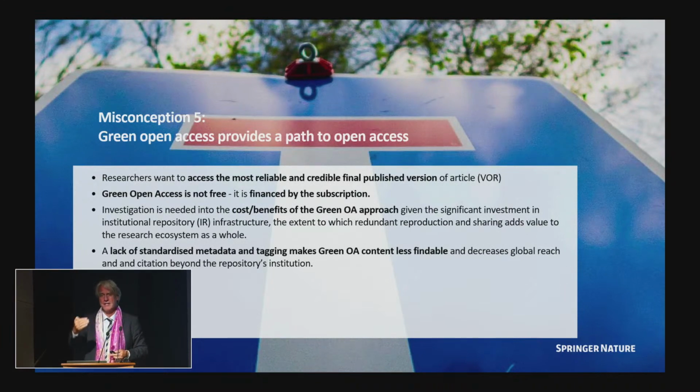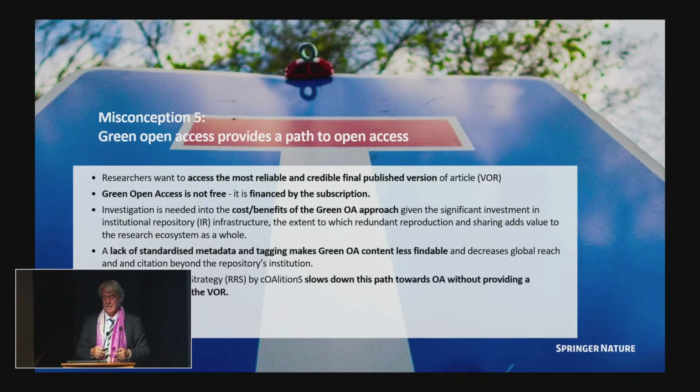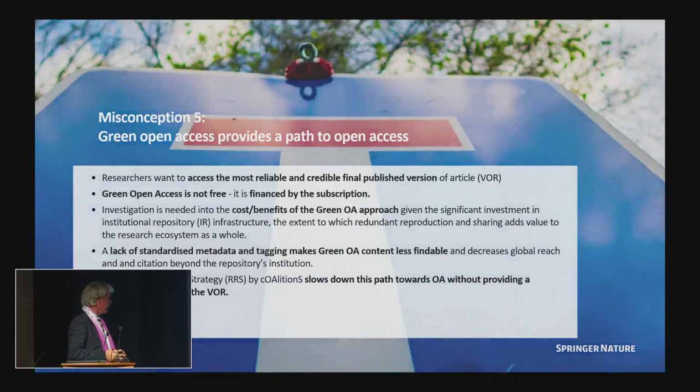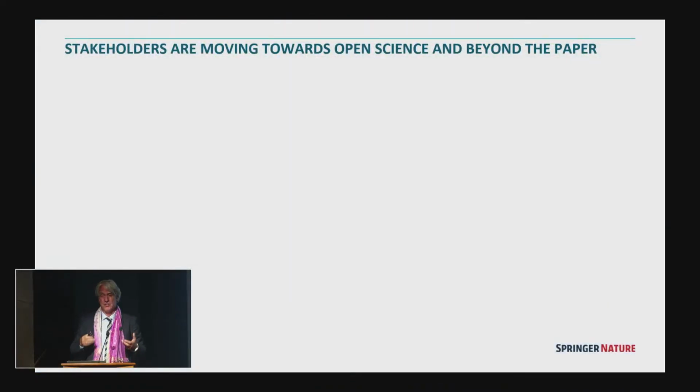So that is something which we have observed out there, and that is a problem which we have to tackle. And with that also, things like the rights retention strategy don't really work, because they need the subscription to continue to be paid.